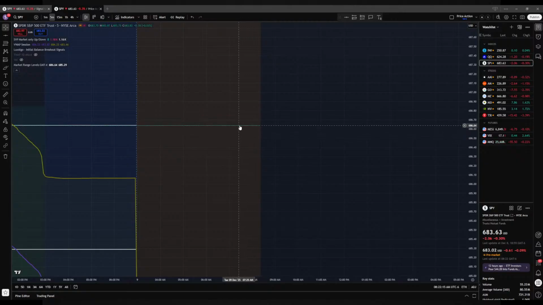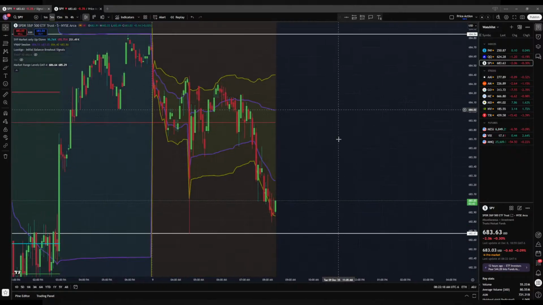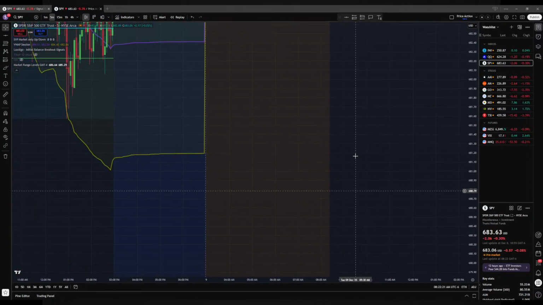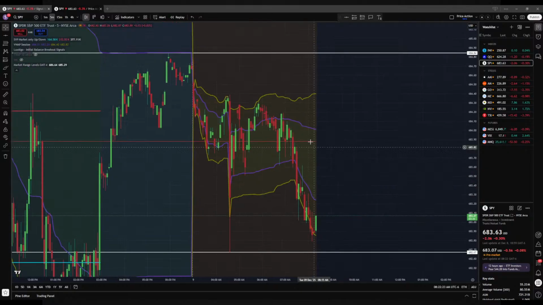This is the initial balance high from yesterday. Where's the low? Oh, right here. Initial balance low, which is right where pre-market kind of was bouncing around a little bit until it rejected back down to here.